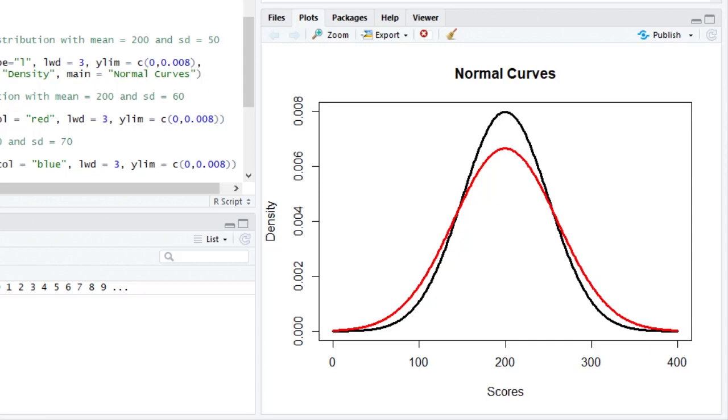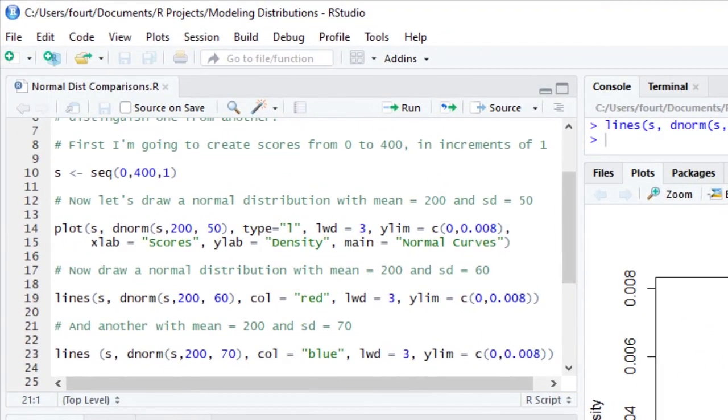Let's keep it going and draw another normal distribution with a mean of 200 and a standard deviation of 70. This time I picked blue.